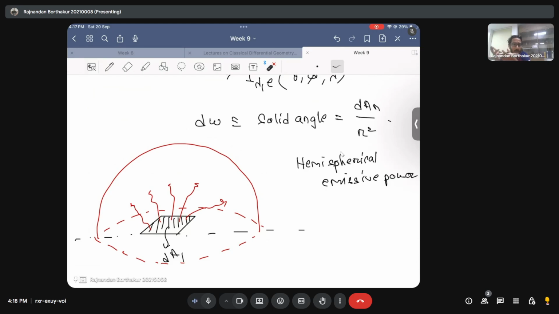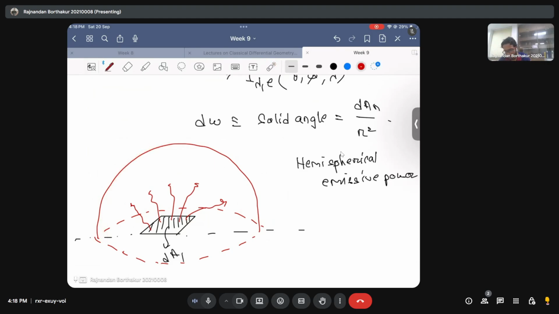You can ask me why we are not considering, let's say, a semi cube or something like this. That is simply because we are trying to build a fictitious surface which will capture all the radiation that leaves the surface dA1, and the possible surface that can do so is a hemisphere.